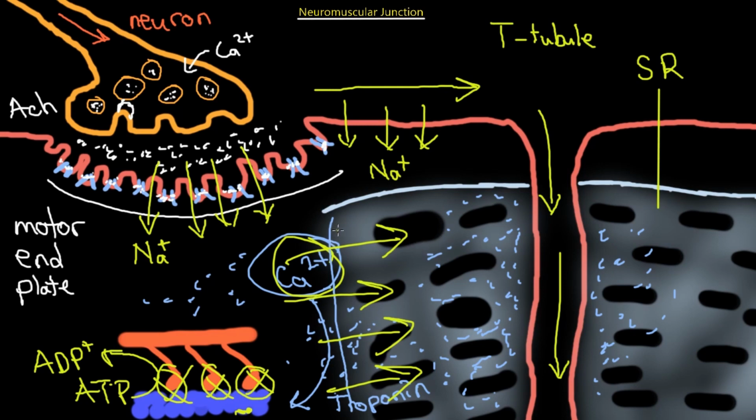So the transport pumps are typically going to be closed, but as soon as ATP binds and forces the dismissal of myosin head from actin, then it's going to open these calcium channels, the active channels, to push the calcium back into the sarcoplasmic reticulum and basically be ready for the next contraction. That's going to be the refractory period between one contraction and the next, is this recycling of calcium.